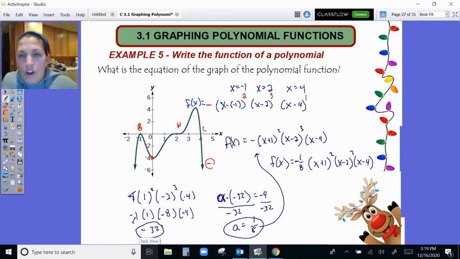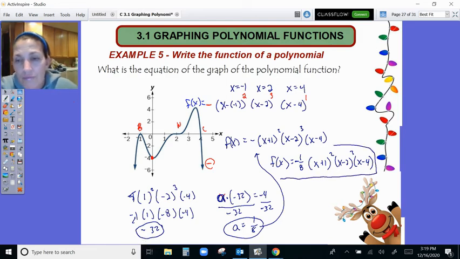Sorry about that. Okay, so there's our function. You can test it out by taking 1 squared times -2 cubed times -4 divided by -8. That should give you a -4, right? Okay, and that'll give us our y-intercept and all of our zeros. Okay, so that is how you write an equation for a polynomial function.